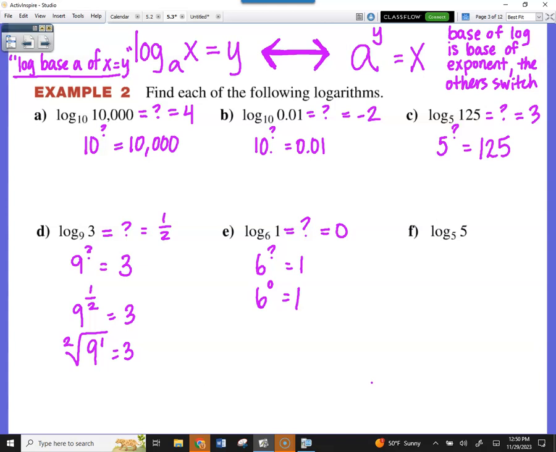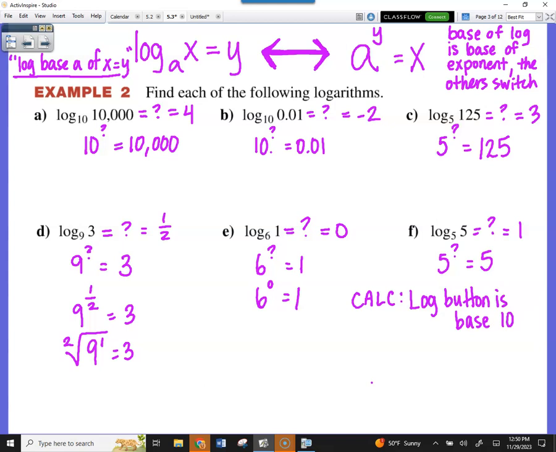What'd you get? So this is 5 to what power is 5, and it would be 1. Now, you will write right here, CALC. I want you to make a note. The log button is base 10.